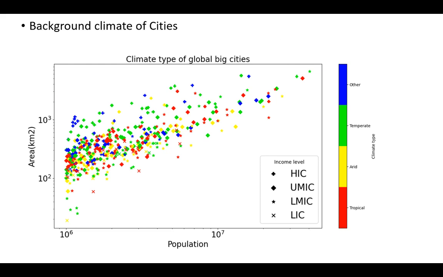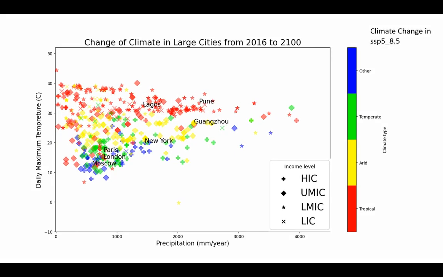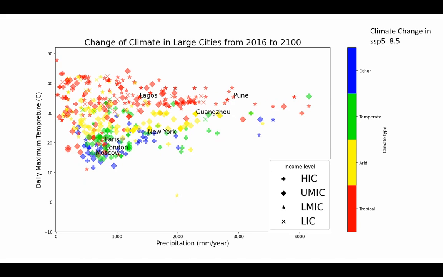And this is the urban climate type of big cities and their income level. Every city is different. And we can look at the climate change pattern of large cities.